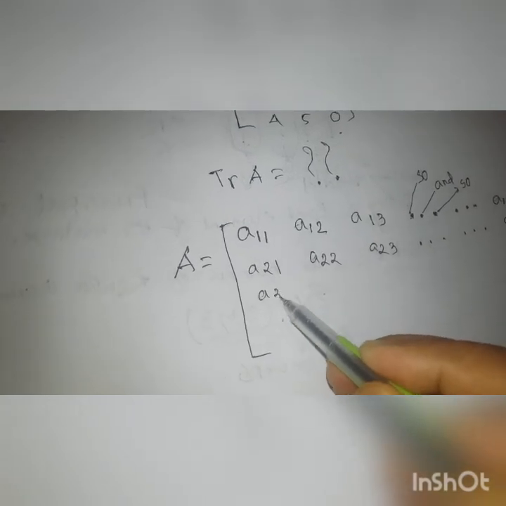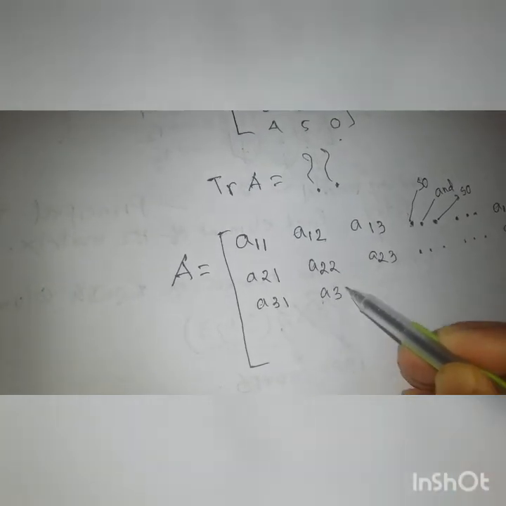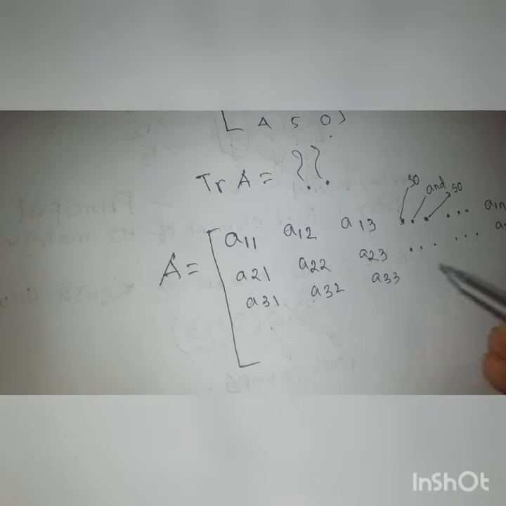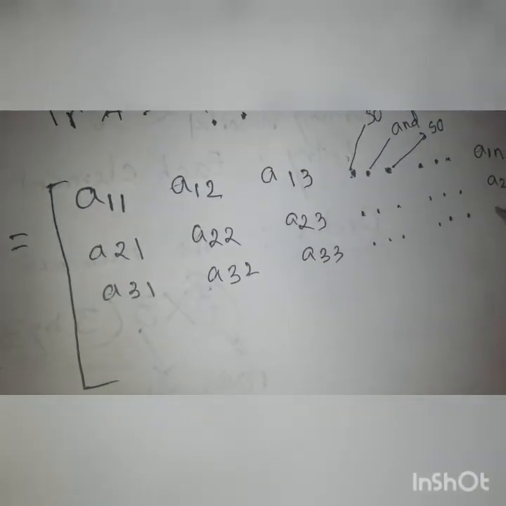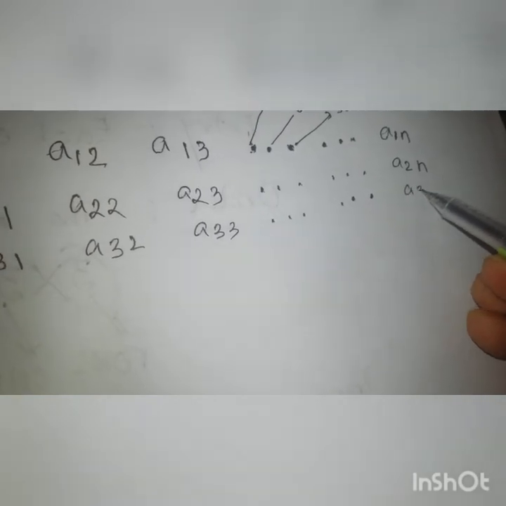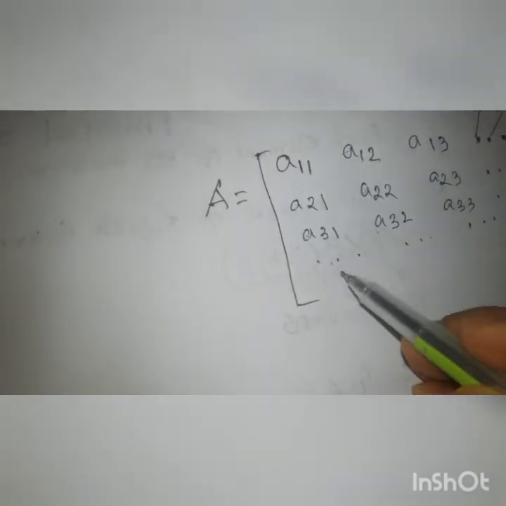Third row is a31, a32, a33, and so on up to third row, nth column.